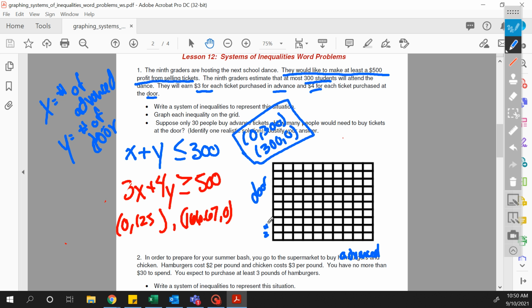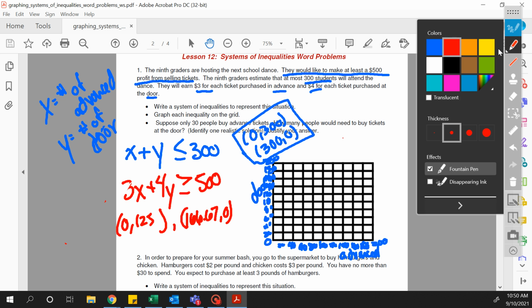So 20, 40, 60, 80, 100, 120, 140, 160, 180, and 200. Same thing on the x-axis.